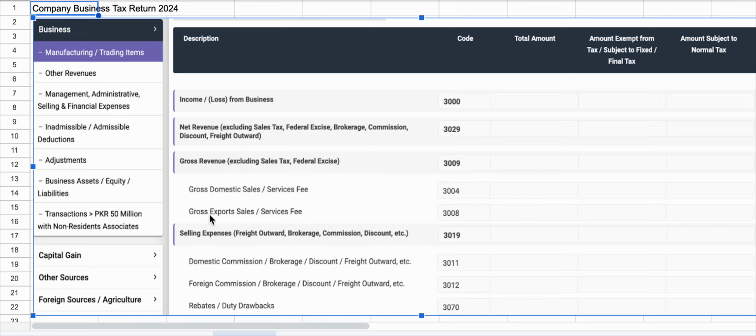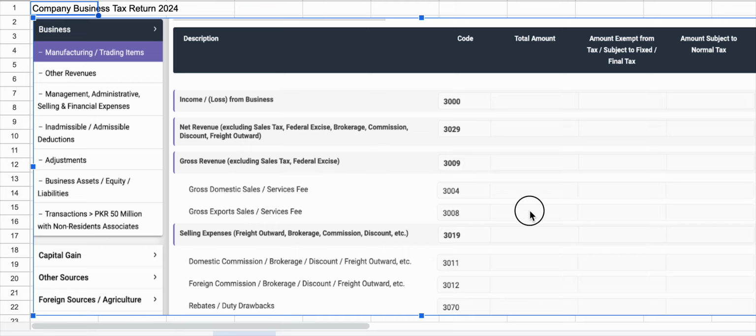Now the second thing is gross exports and sales. Sales means sales of goods, and service means sales of services. So if you are a service provider and you have provided services to customers outside of Pakistan, that is export of services. And if you have provided goods outside of Pakistan, that is export of sales.